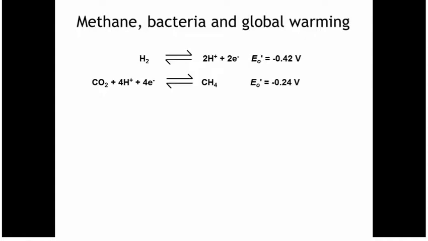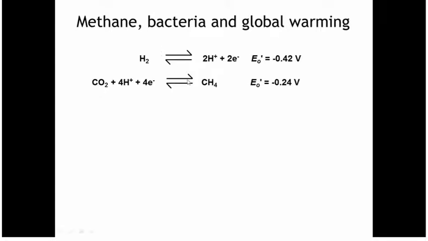So the second thing I want to say about the carbon cycle and bacteria is methane. What's the role of methane? So methanogens are able to use carbon dioxide as an electron acceptor because they have access to a great electron donor, which is hydrogen gas.